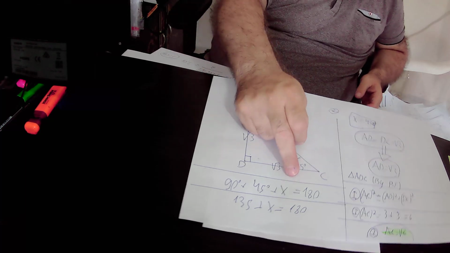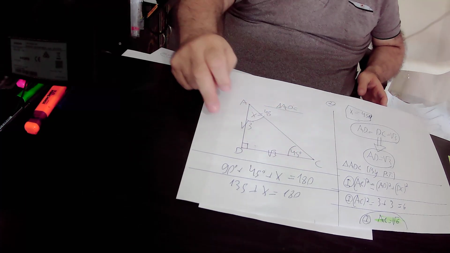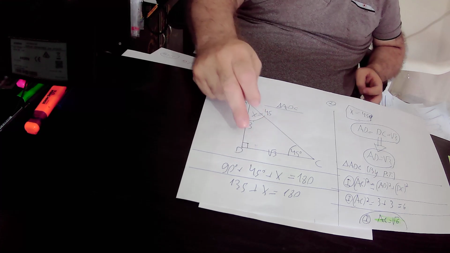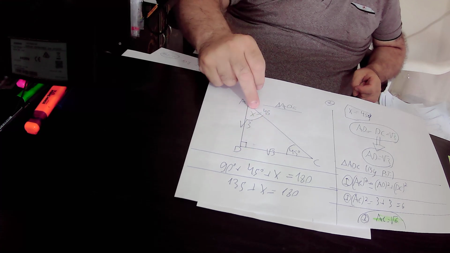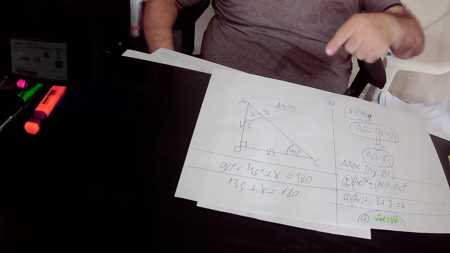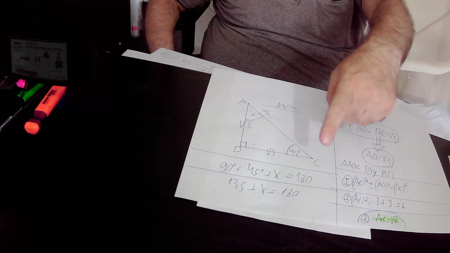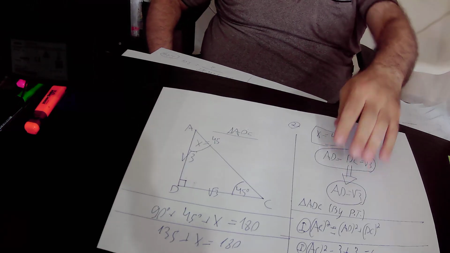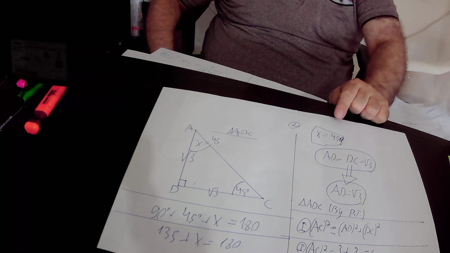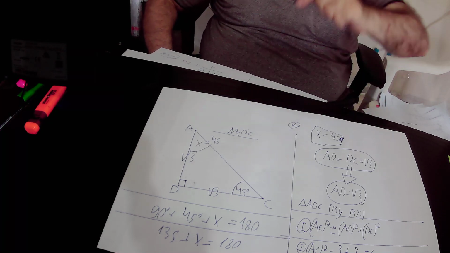In total, the sum of its angles must be equal to 180 degrees. 90 degrees plus 45 degrees is 135 degrees, and 135 degrees plus angle x in total must be equal to 180 degrees. We subtracted 135 degrees from this equation and found out that the missing angle, angle x, equals 180 degrees minus 135 degrees, which is 45 degrees.